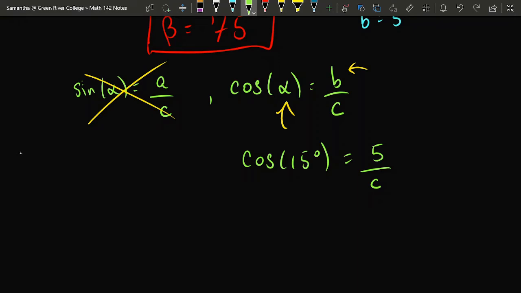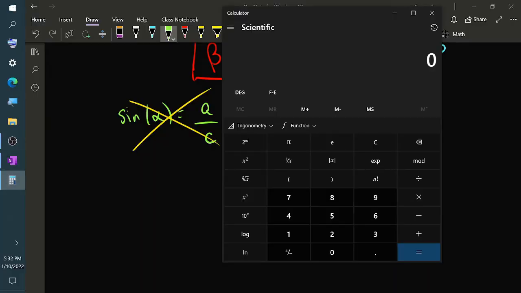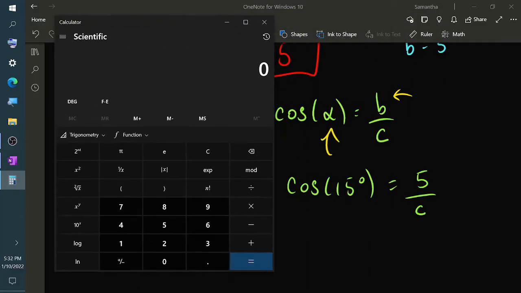Cosine of 15 degrees, however, is not one of the angles which shows up on my unit circle reference image. So I'm going to need to use a calculator in order to determine this value. Now this is a situation where you're going to need to be very careful to make sure that your calculator is in degrees mode, because we are coming off of quite a number of questions where we were dealing primarily in radians.